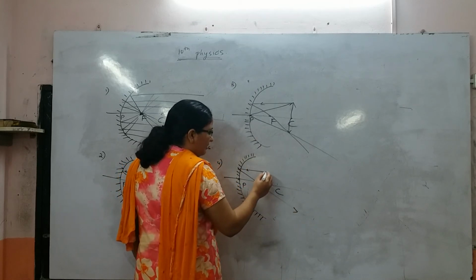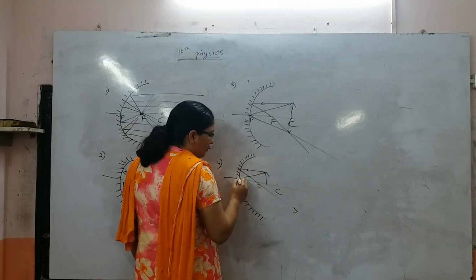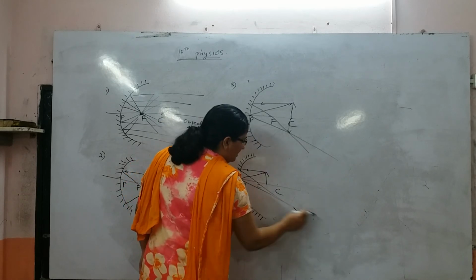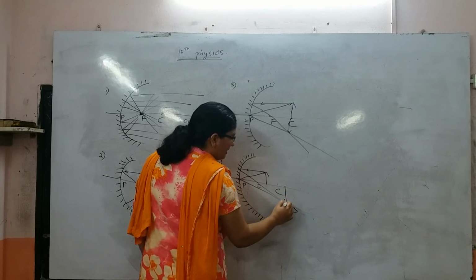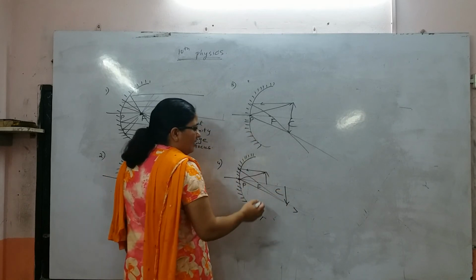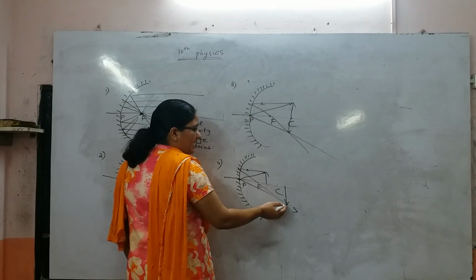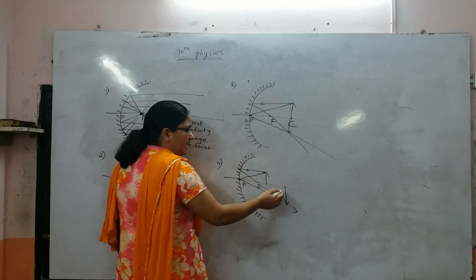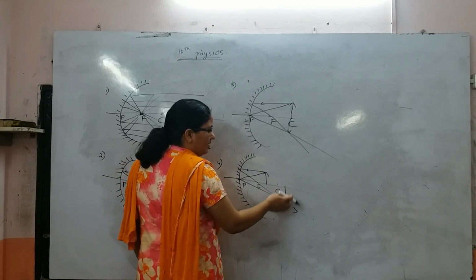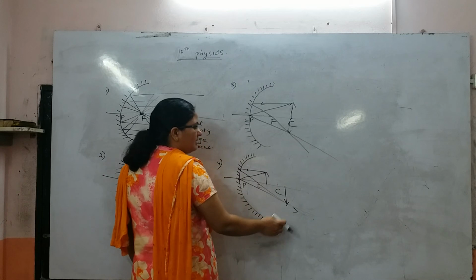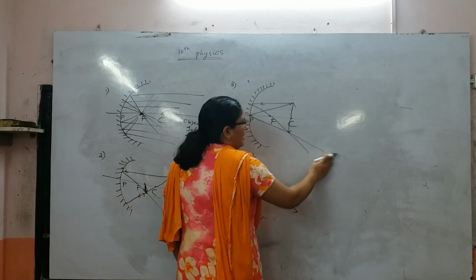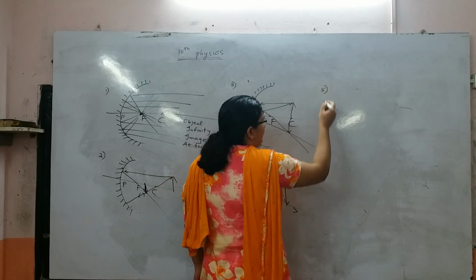The other ray is incident on the pole, then it will come out making the same angle. Okay, you can see the image is enlarged. Whenever you are keeping an object between F and C, you are getting an image beyond C, which is inverted, real and enlarged. That is case 4.